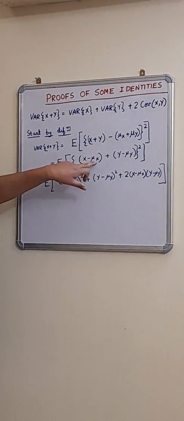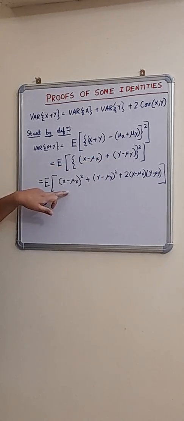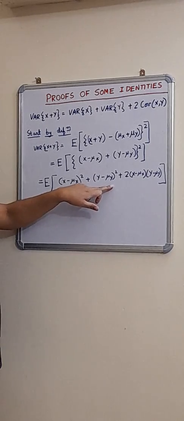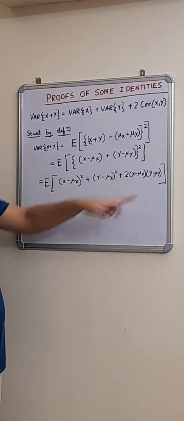So after doing the arrangement, you apply the a plus b whole square formula: x minus mu x whole square, y minus mu y whole square, and 2 times x minus mu x into y minus mu y.